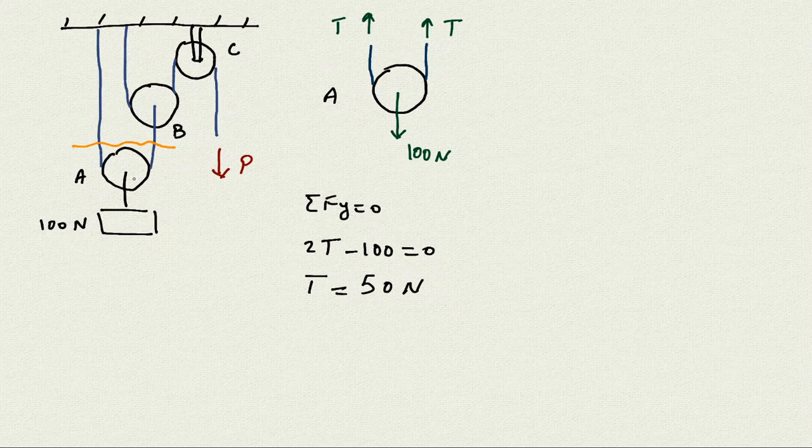So I have the tension in the first one. Now I would go ahead and cut and isolate the second pulley, the pulley B. I'm going to cut it like that. So I cut it away and I bring it out here. So it's going to be the pulley B.